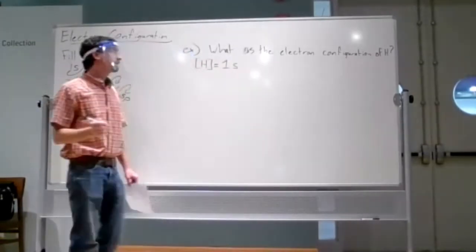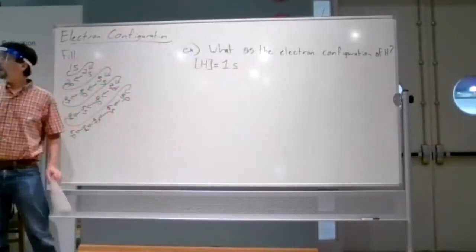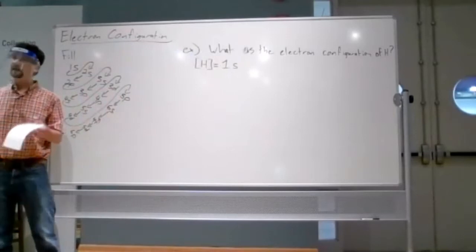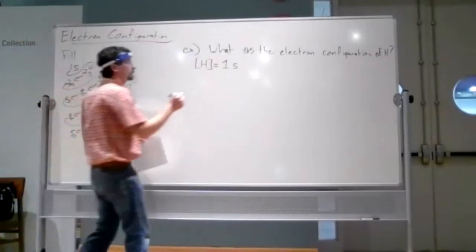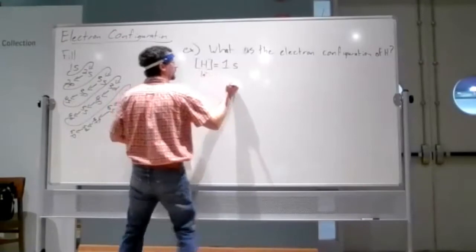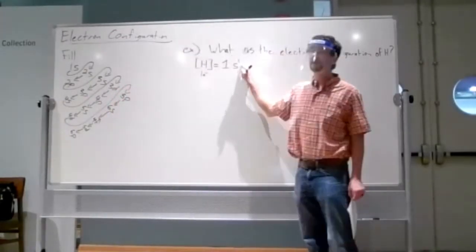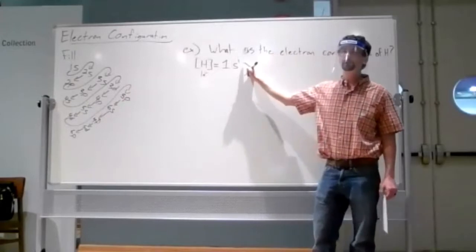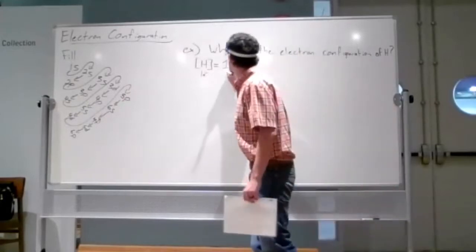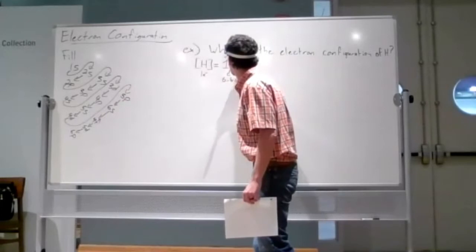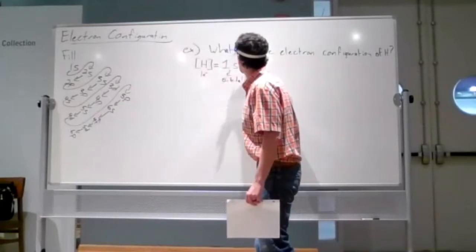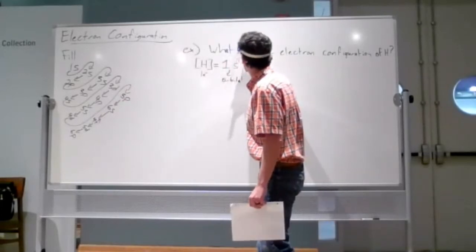How many electrons in total does hydrogen have? Yep, 1 electron. So we indicate that orbital's occupation with the superscript. This is the orbital, and up here is the orbital occupation.